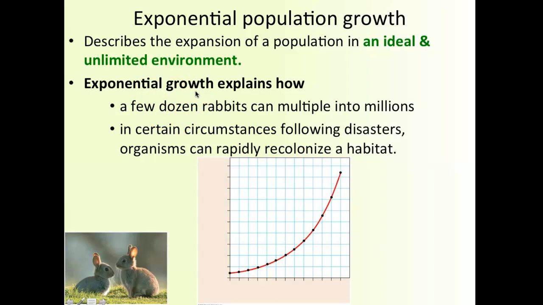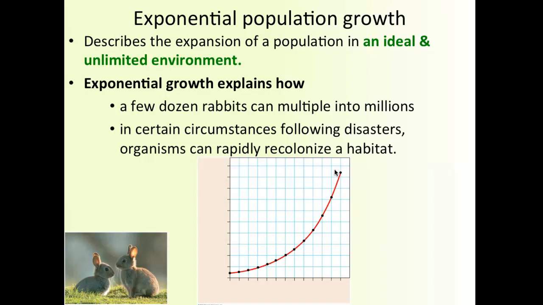So exponential growth means that every time you have a new generation, it doubles. So all the organisms out there will have offspring, and so you're basically doubling the population every time you have another generation occurring. So when you do that, these dots will double, right? So every time you have a generation, they're going to double in size, and so this is the curve you're going to get.